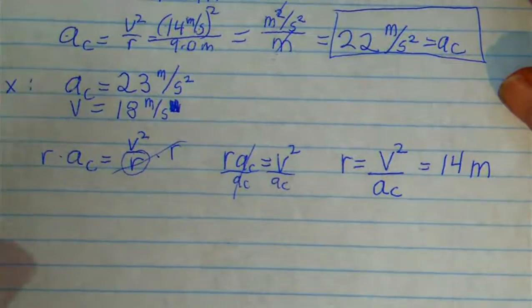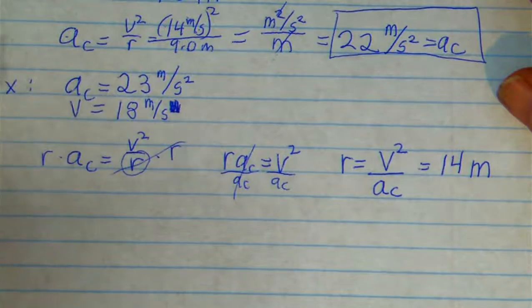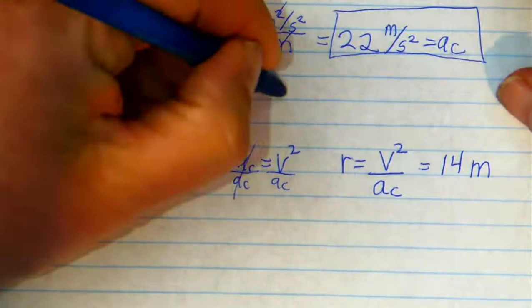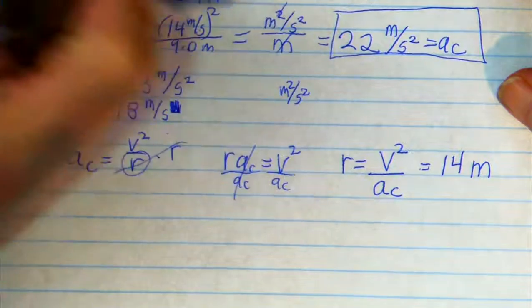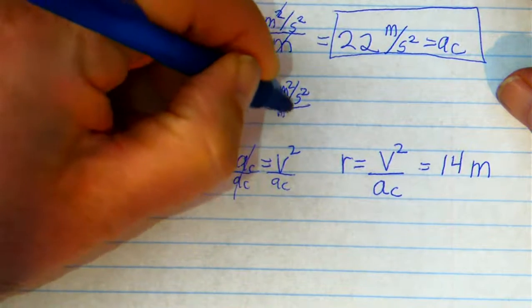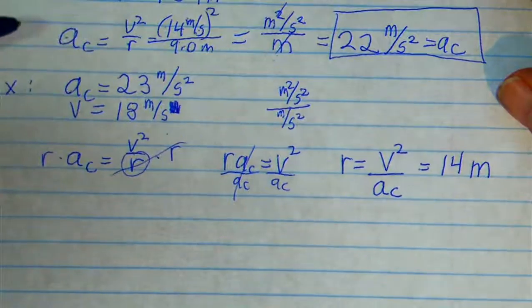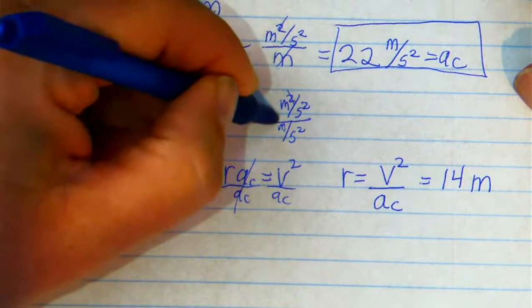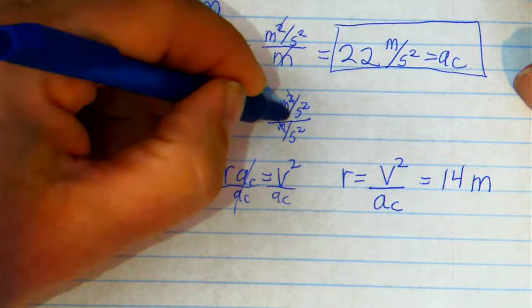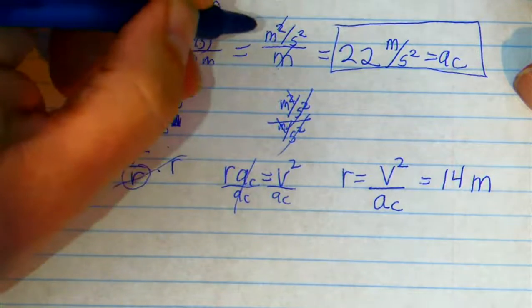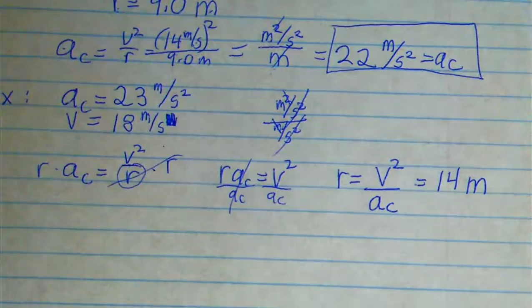Notice that the units will always work out correctly. A speed squared is meters squared per second squared. And when I divide that by meters per second squared, one of the meters will cancel and the second squareds will cancel.